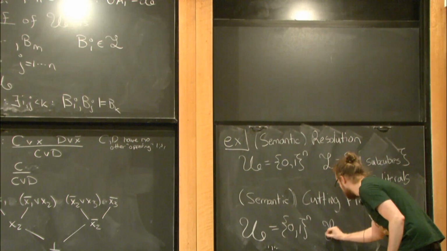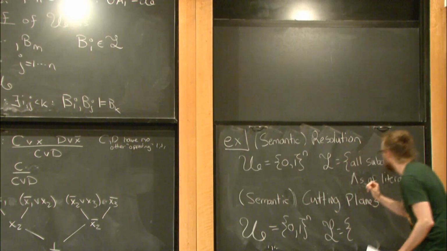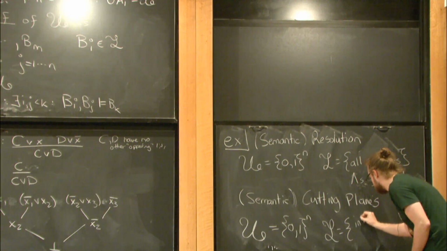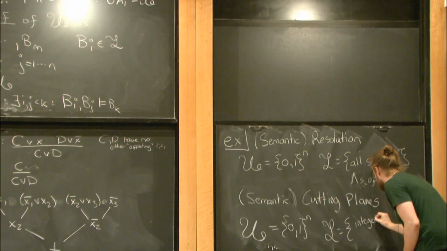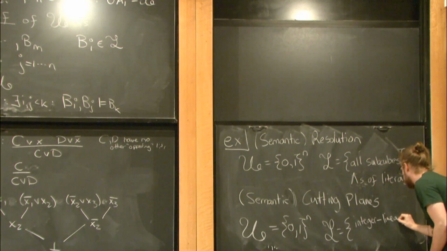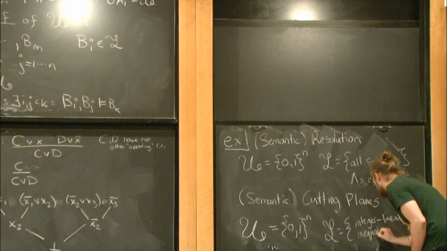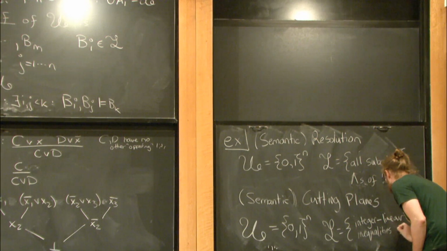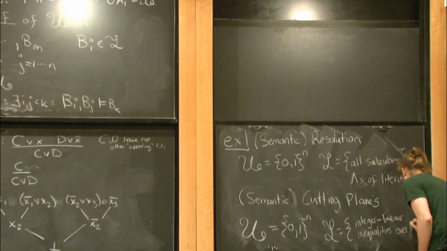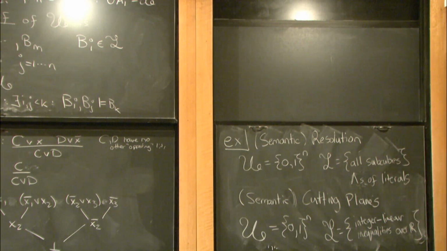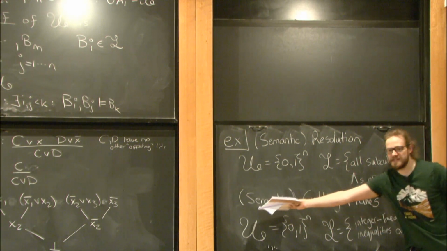And now the allowed lines will be integer linear inequalities over the reals. Okay? And then given two integer linear inequalities, I'll allow you to deduce a new integer linear inequality. And this is, again, the semantic case.